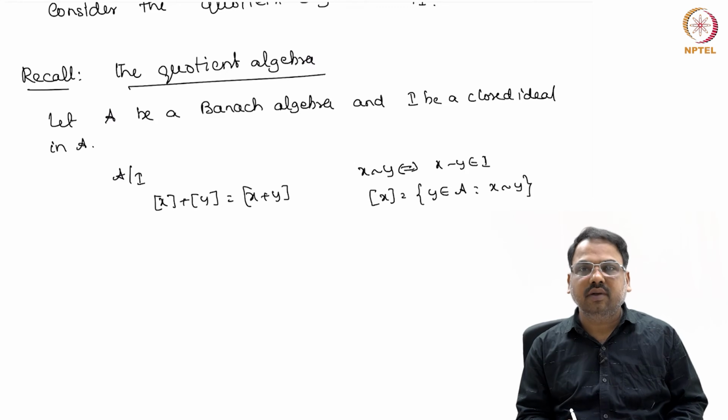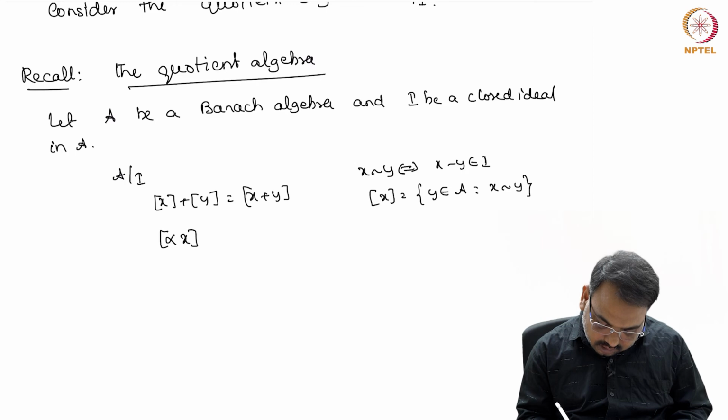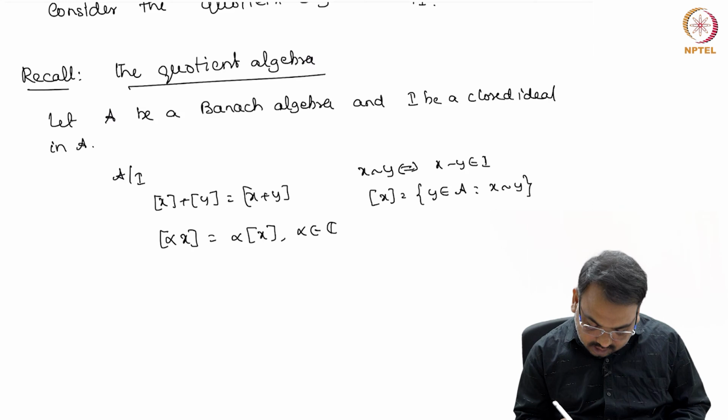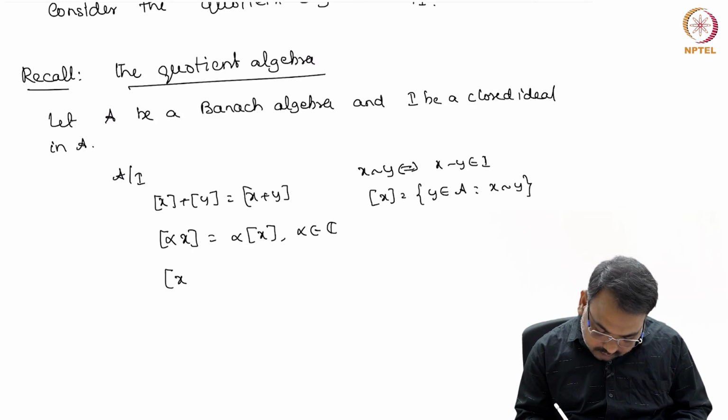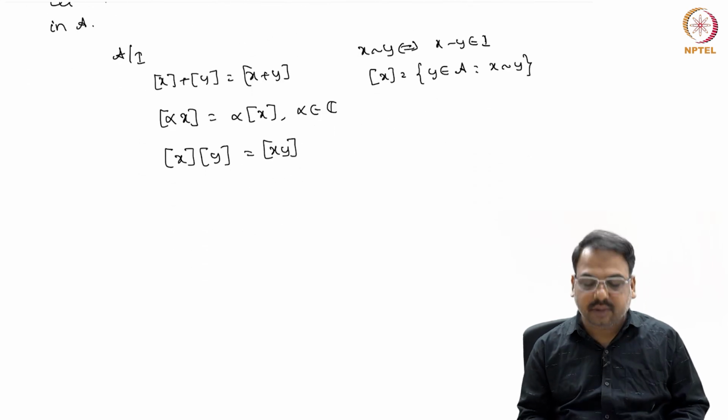If we have two equivalence classes, we define alpha times the equivalence class of x as the class of alpha x. With respect to these two operations, this is a vector space. Now the product of two equivalence classes is nothing but the equivalence class of the product. So with respect to this it becomes an algebra.